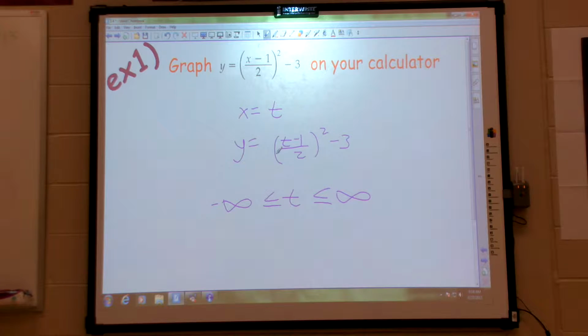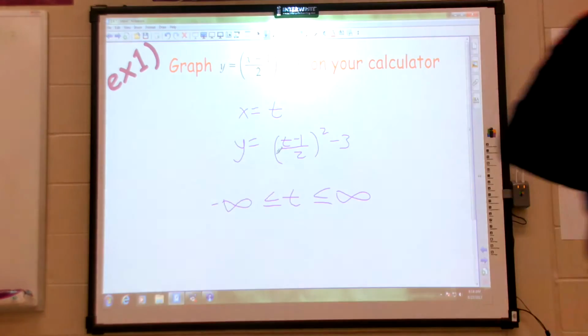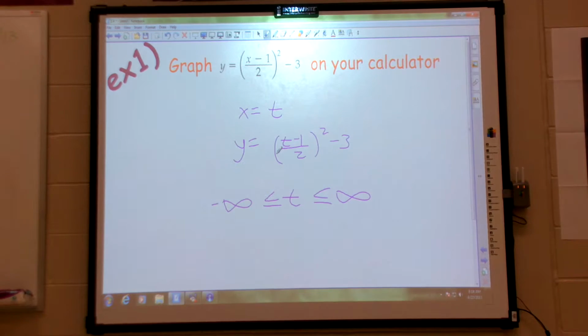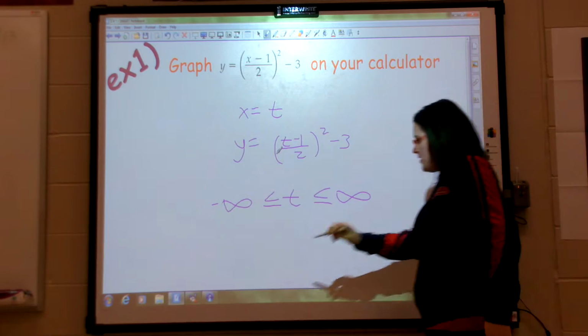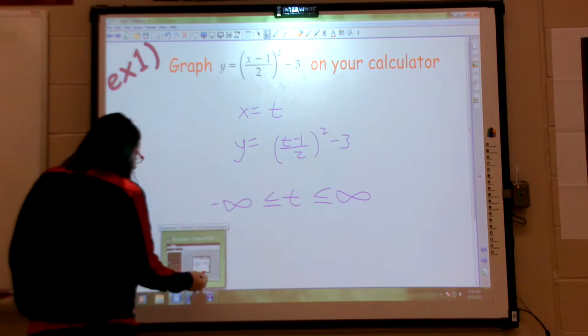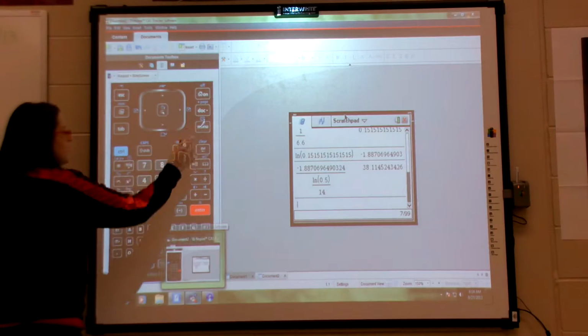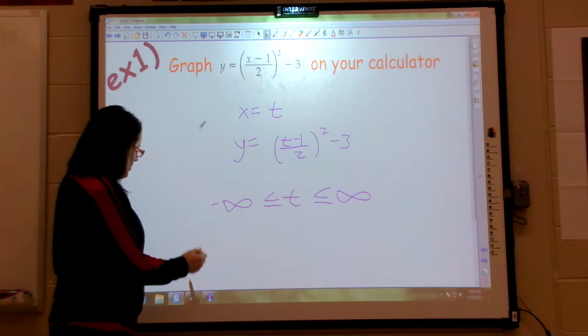So let's grab our calculators. And first things first, we need to figure out how to change the mode on these calculators. Give you a hint, you go to your menu.